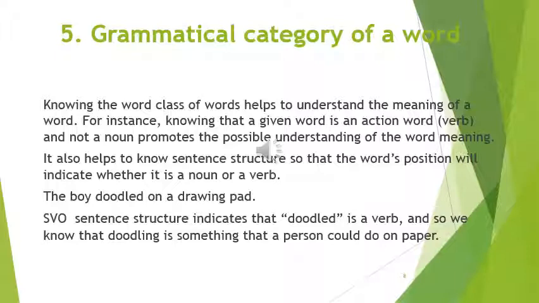As we know, the structure of an English sentence is SVO, that is subject, verb, and object. The subject is the doer of the action, then the verb, that is the action word, and then the object, that is the receiver of that particular action.